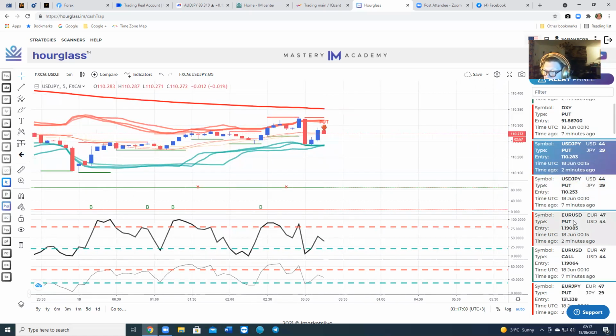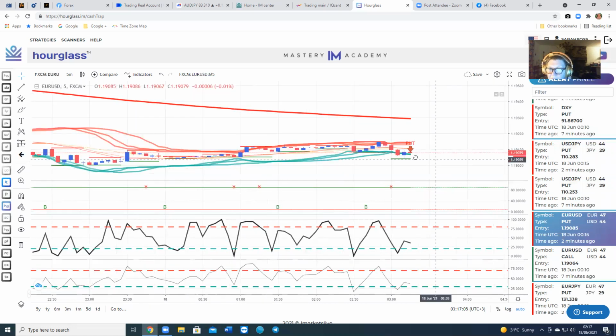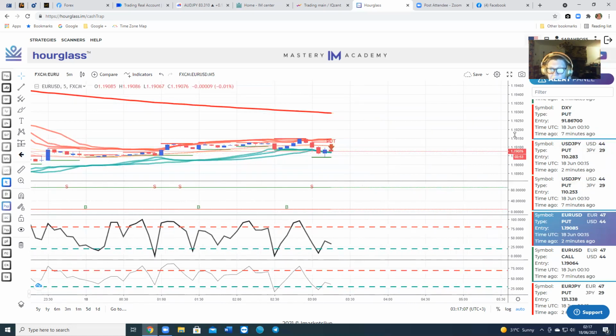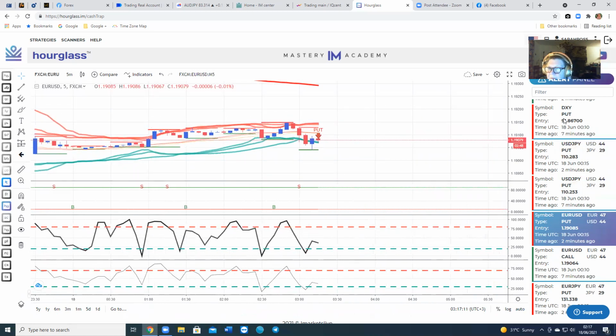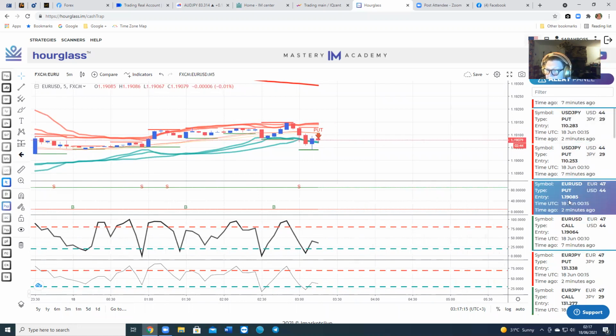Euro USD for a put. So that's saying selling off the euro against the US dollar, but that would work because the DXY is a call. It's called at 0.85. It's gone down to 0.79.